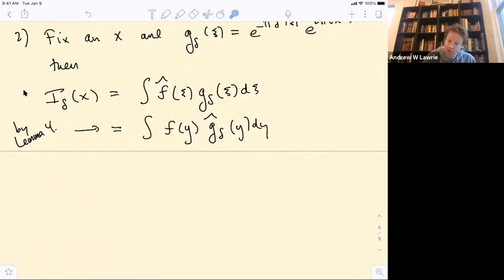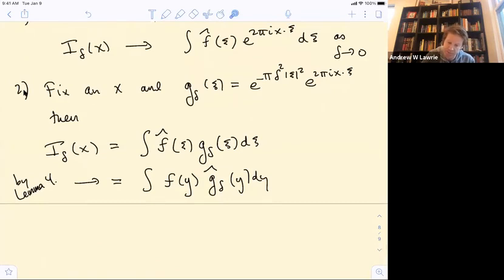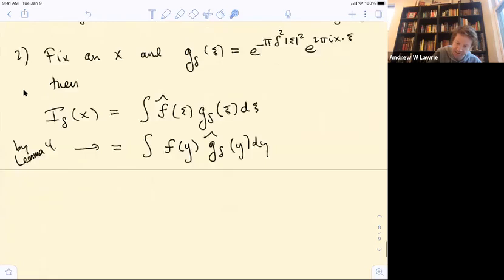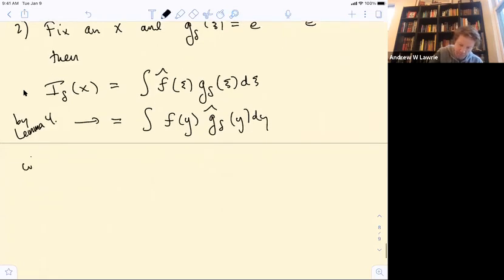Now I want to compute the Fourier transform of this. So what is g delta hat of y?